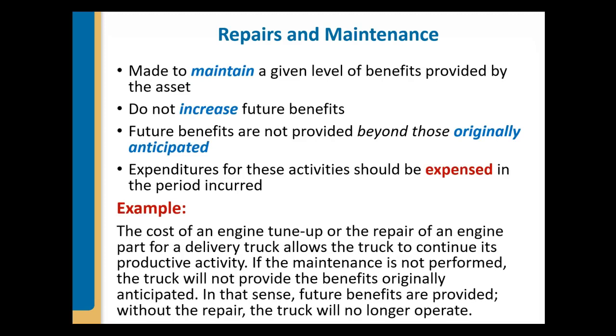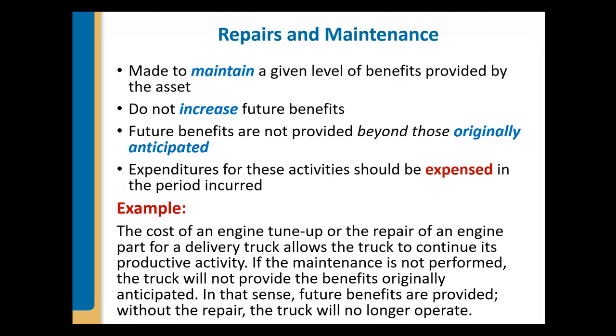Repairs and maintenance expenditures are made to maintain a given level of benefits provided by the asset and do not increase future benefits. So, for example, the cost of an engine tune-up or the repair of an engine part for a delivery truck just allows the truck to continue its productive activity. But if the maintenance isn't performed, the truck's not going to provide the benefits originally anticipated.